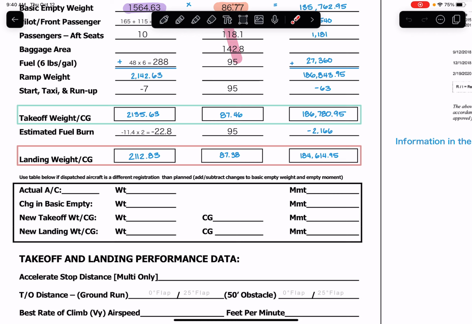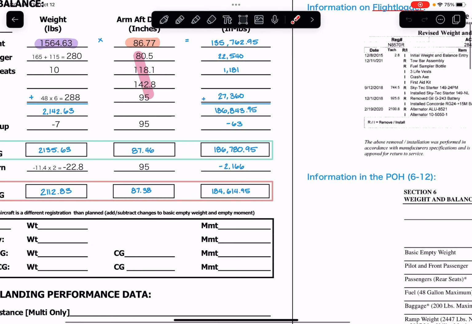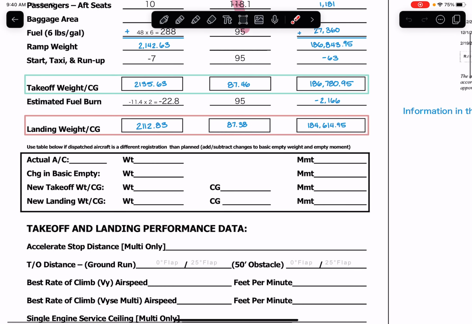Then we're going to go on a 2-hour flight with a fuel burn of 11.4, right? We multiply those together, we get approximately 22.8 pounds of fuel burn. And then we calculate the moment in CG. And then we have to subtract that to get our landing weight.